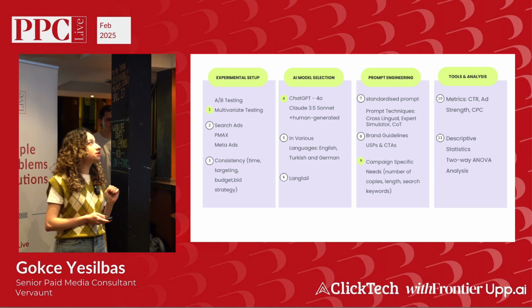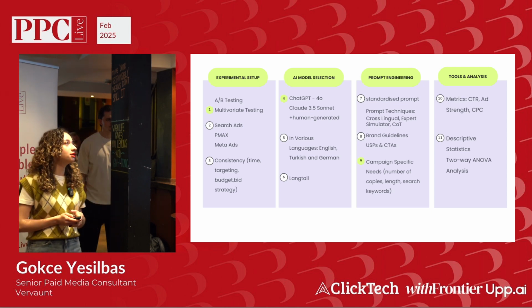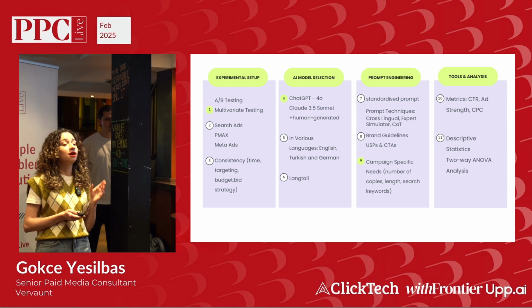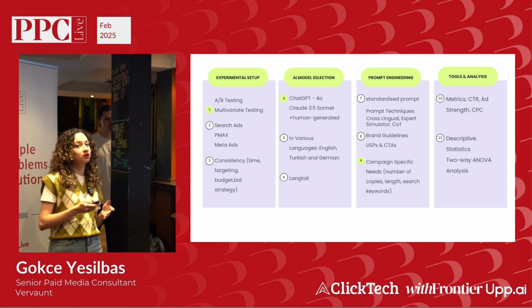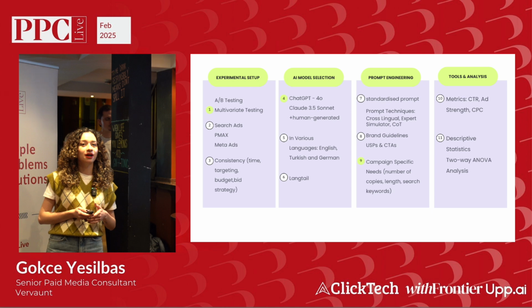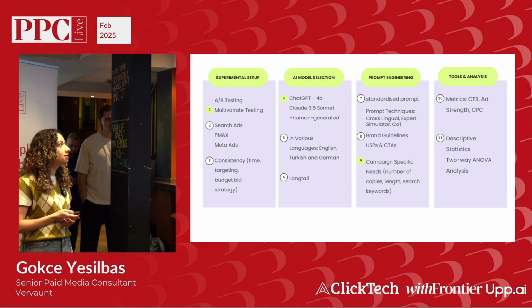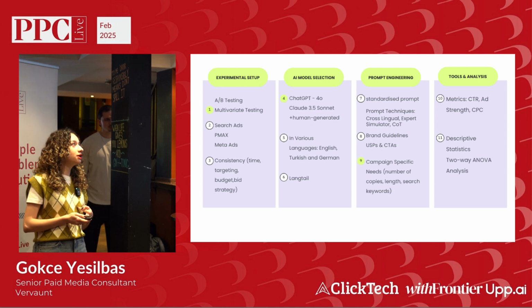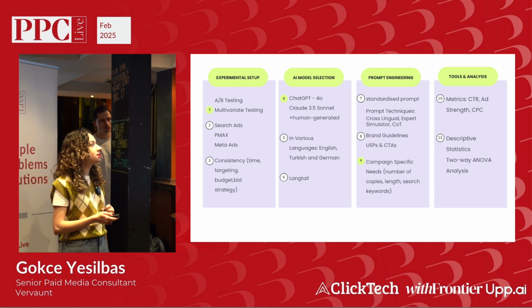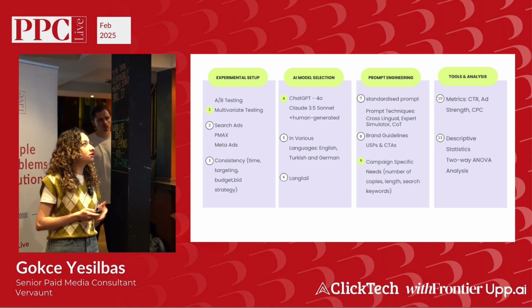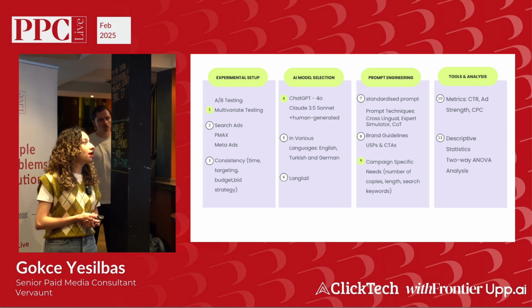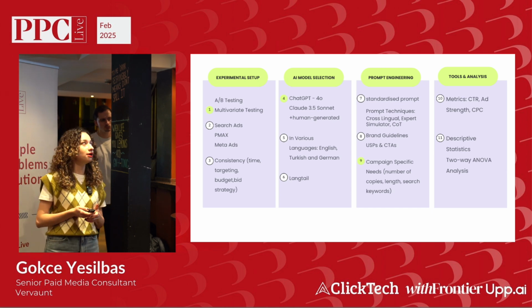I ran this test with ChatGPT 4o, Claude 3.5 Sonnet, and human-generated ad copies in various languages like English, German, and Turkish. I also ran this test in Langtail. I used cross-lingual expert simulator and chain of thought prompt techniques, and I measured the ad strength, CTR, and CPC, and lastly I analyzed with descriptive statistics and two-way ANOVA analysis.